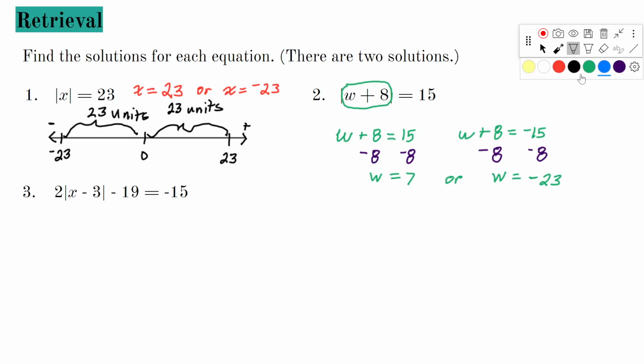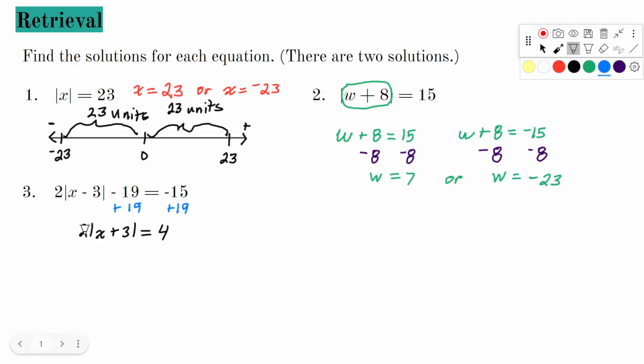So I'm going to start with adding the 19, because that's the last thing I'm doing to this absolute value. So undo the minus 19 by adding it, and we now have 2 times the absolute value of x plus 3 equals positive 4. And you don't distribute through an absolute value.